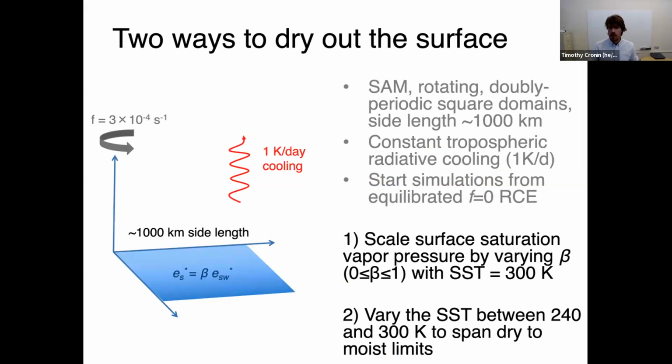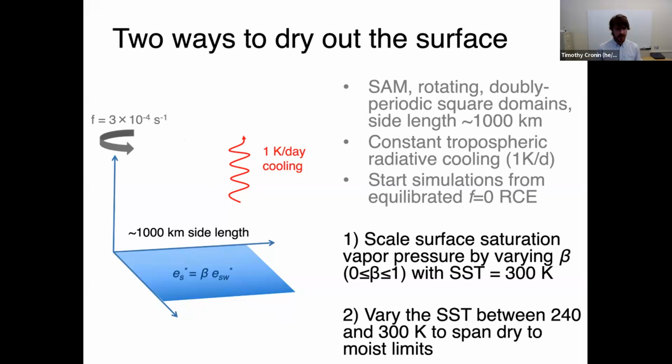So specifically, we're using a system for atmospheric modeling convection permitting model that's at a high resolution, with a grid spacing of a few kilometers, in a very big domain, about 1,000 kilometers on each side. So we're prescribing the tropospheric radiative cooling rate to be a constant of a degree per day, which is close to tropical values.